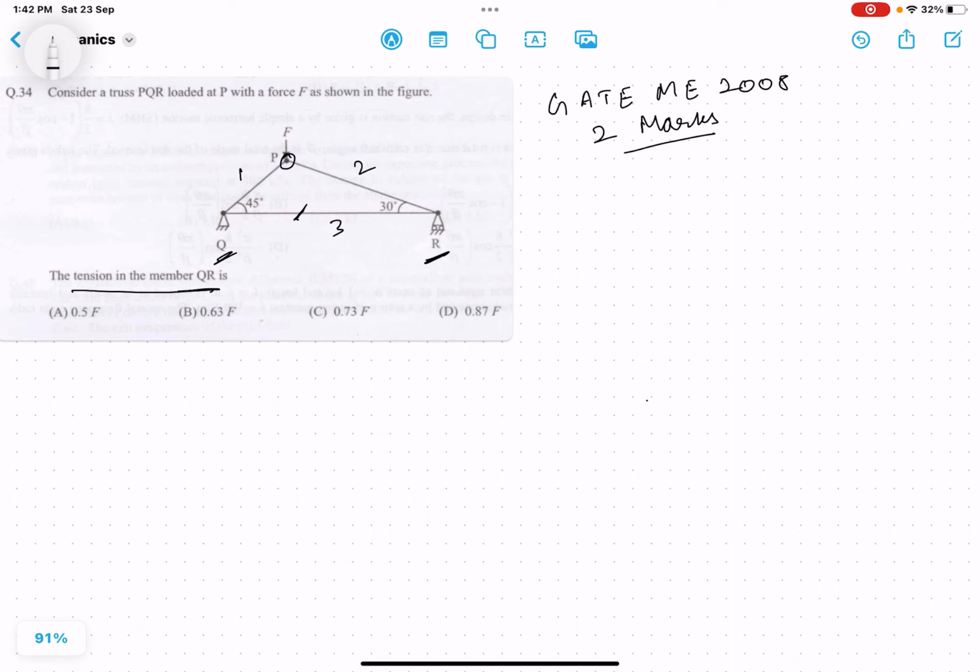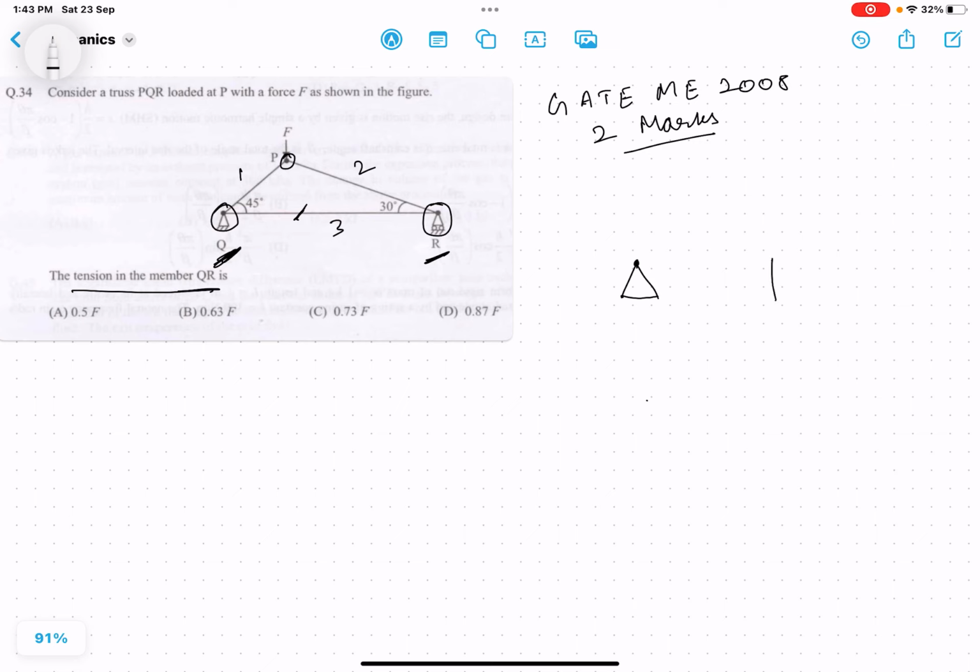So coming back to the previous question, what is the difference between this pin joint and the roller joint? At point Q we have a pin joint, and at point R we have a roller joint. For a pin joint, the reaction force that we will get at this point will be in two directions.